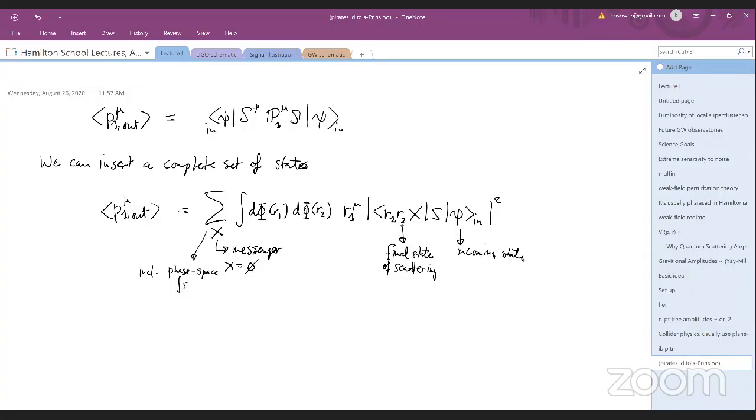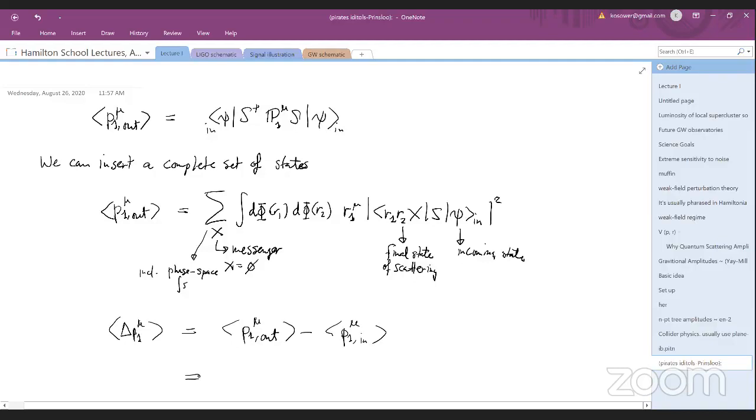So we're not actually just interested in the final momentum. As I said, we're interested in the impulse, which is the difference, or the time integrated difference, of the initial momentum from the final momentum. So we want to take the outgoing and subtract the incoming momentum. But the incoming momentum is quite easy, because there we just controlled everything.